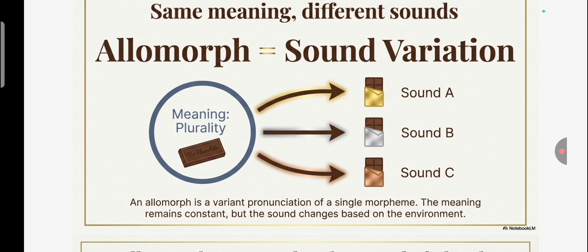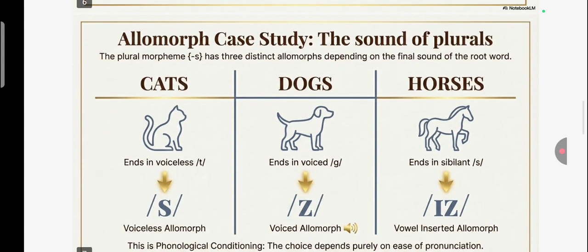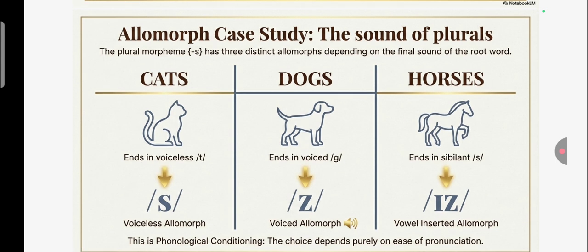Do you know? For example, cats. How to pronounce the last letter S? Cats. That is the normal pronunciation of S. But in the word dogs, we should not pronounce this as the usual S pronunciation.